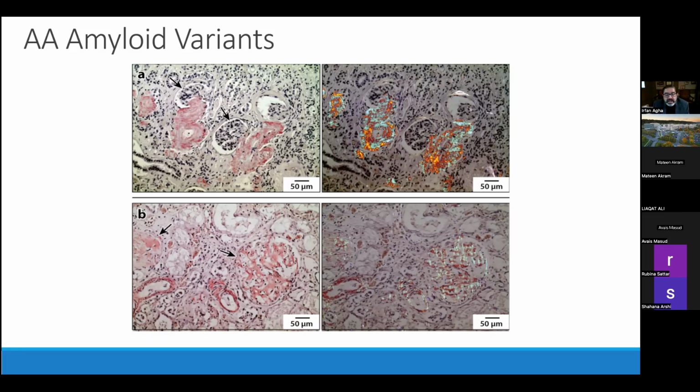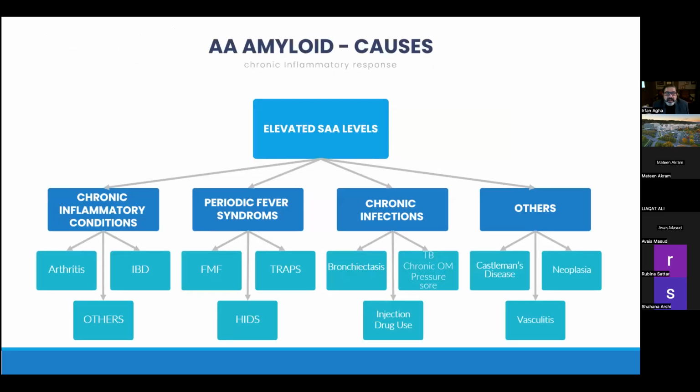That is, if their heart is not involved. With AA amyloid, that is more likely than not to happen because the heart is usually not involved in AA amyloid.